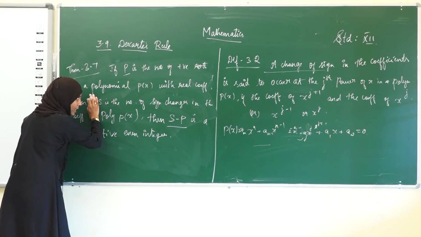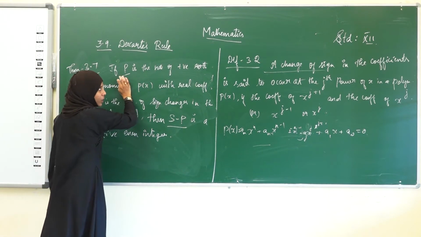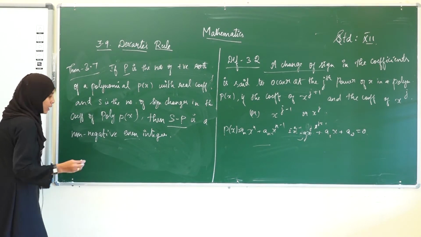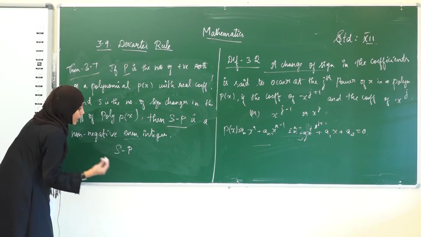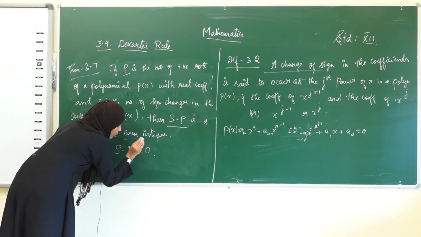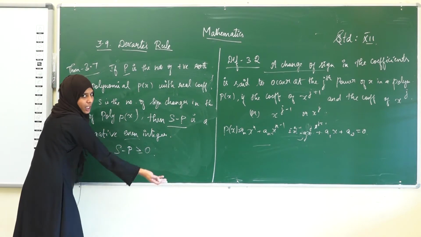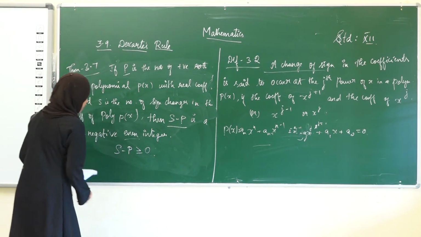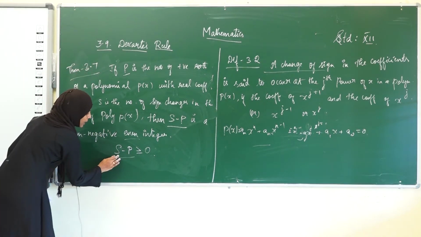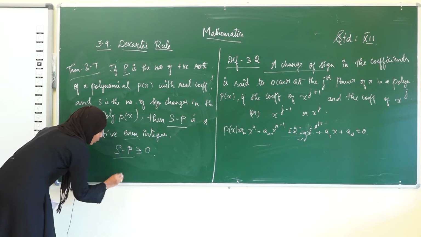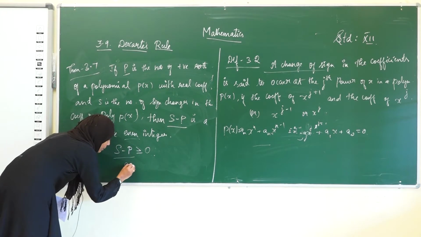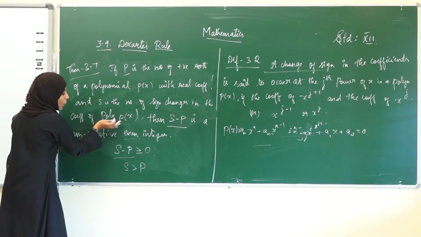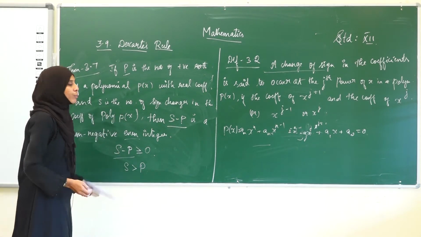Now, if we subtract the number of positive roots from the number of sign changes of this polynomial, it will come as an even integer. It must be non-negative. s minus p being non-negative means greater than or equal to 0. So what does non-negative mean? It should not go below zero. Therefore it should be greater than or equal to 0 and it must be an even integer, as they have said. Okay, see here s minus p is greater than or equal to 0. Therefore we can say clearly that s will be greater than p. That is, the number of sign changes in the coefficients of the polynomial will be greater than the number of positive roots of the polynomial.